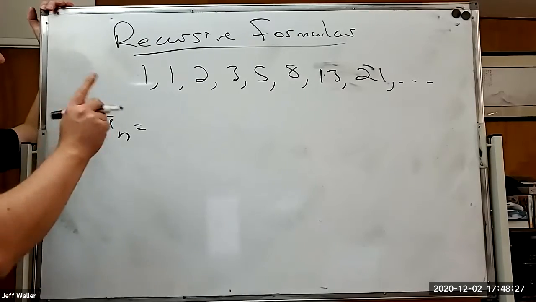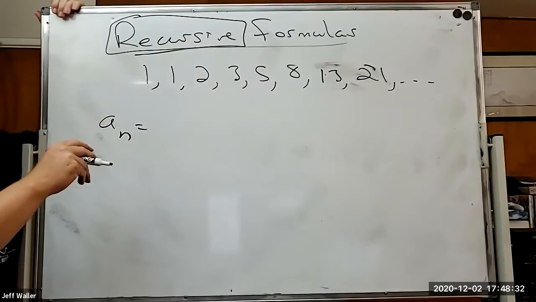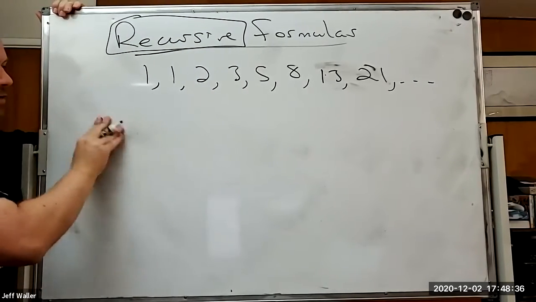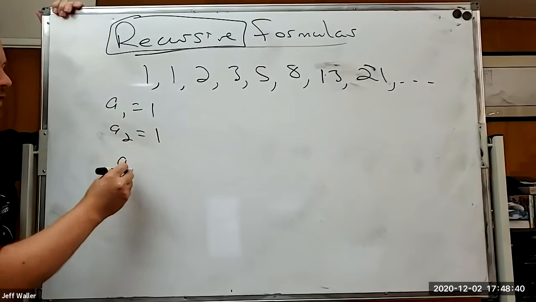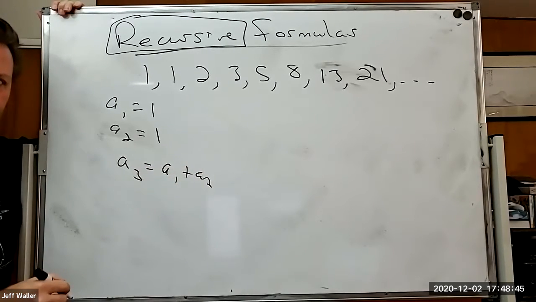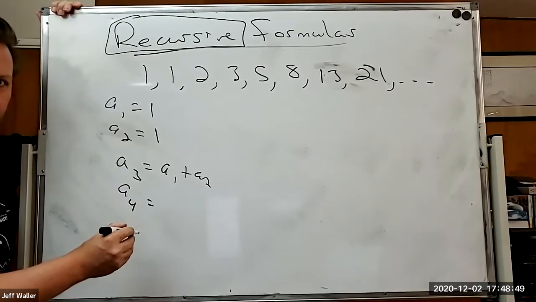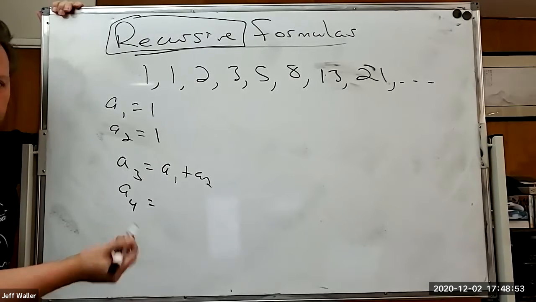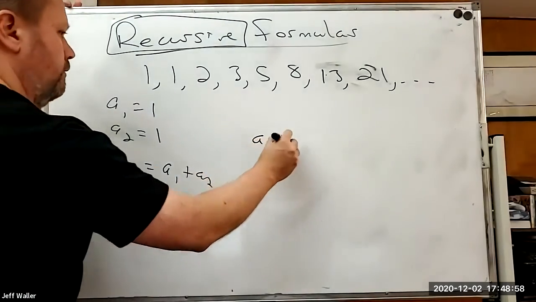So with a lot of recursive sequences, you have to have what are called seeds. I have to know that A1 is 1 and A2 is 1. And then what would I define A3 to be? A1 plus A2, correct? And then what would A4 be? A2 plus A3. Crazy. So what's AN?